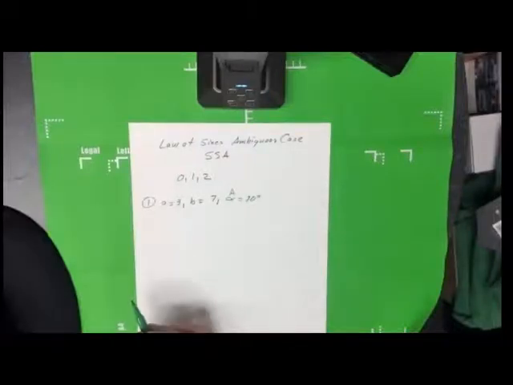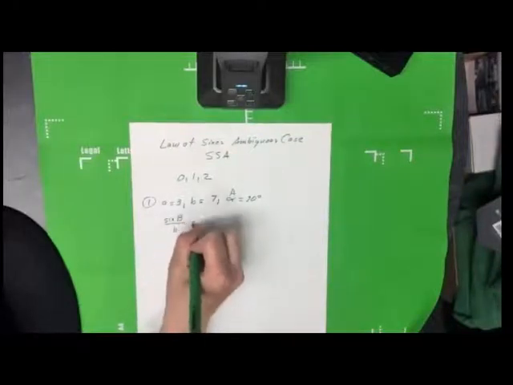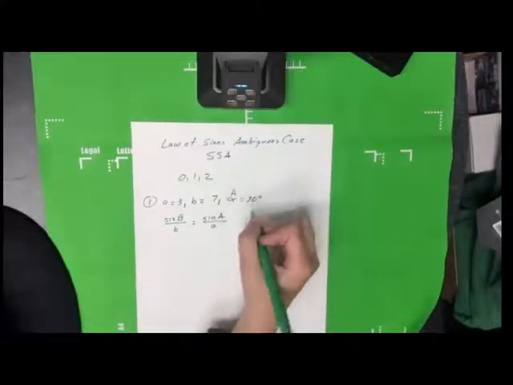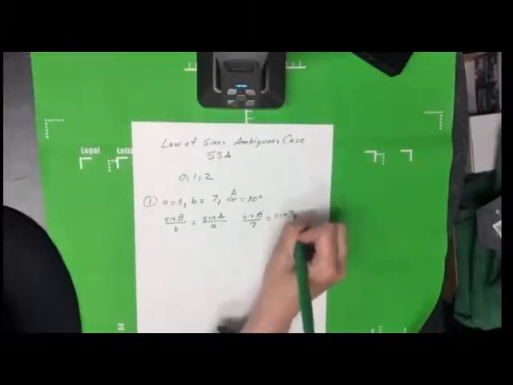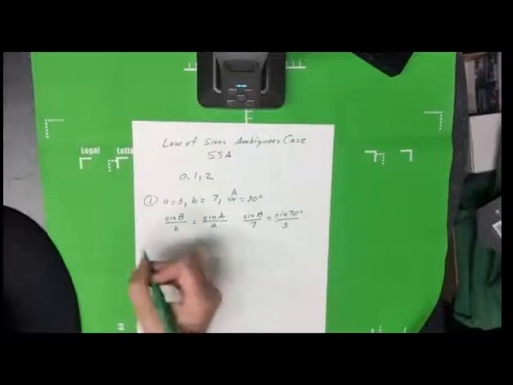As far as trying to work this out, we can write sine of B is to b as sine of A is to side a, that is, sine of B is to 7 as sine of 70 is to 3. Let's cross multiply.